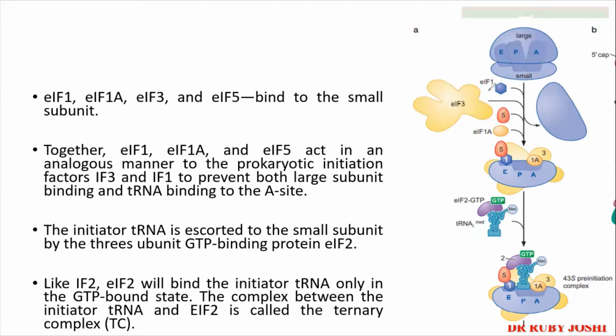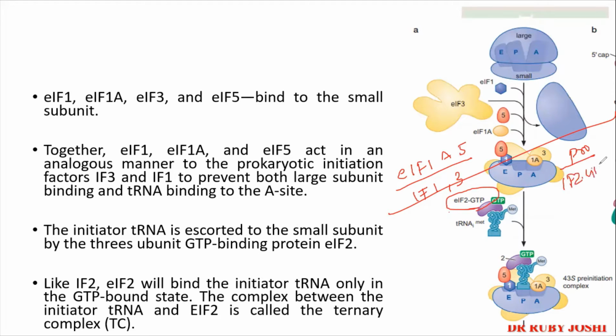Can you explain the last step again, ma'am? Yes. So initially we have spoken about the function of eIF1, 1A and 5, which is analogous to your prokaryotes का IF1 and 3. ठीक है? Okay. Now we have got another protein which is eukaryotic IF2 bound to GTP. If you remember, in the case of prokaryotes, we had IF2 bound to GTP.